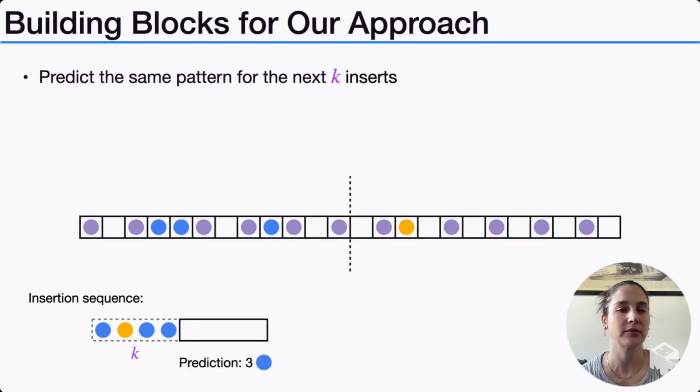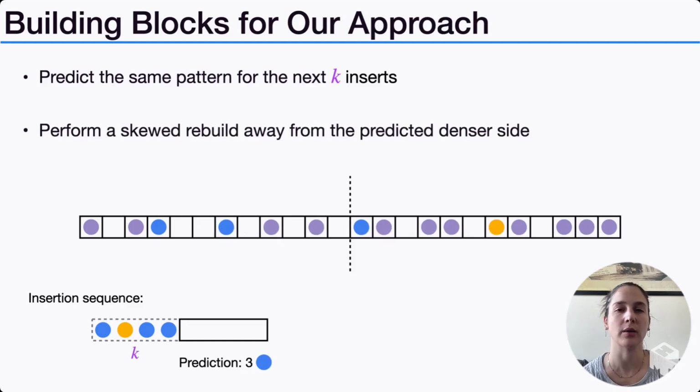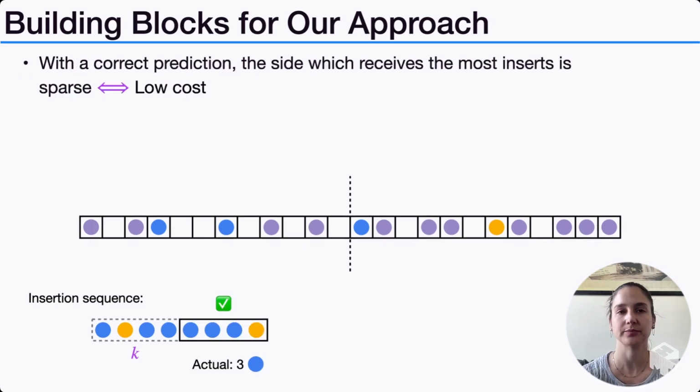And then having made this observation, I predict that the same pattern will continue for the next window of 4 inserts. And what I do with that prediction is use it to inform my next rebuild. So in particular, I skew the rebuild away from the side that I've predicted is going to get more inserts. So if my prediction is correct, if there are 3 inserts that go into the left side in the next interval, what that means is that I've now set it up that those inserts are going into a lower cost area.